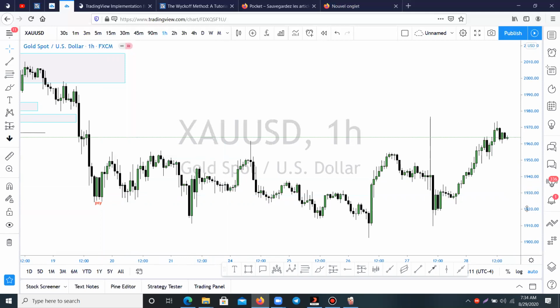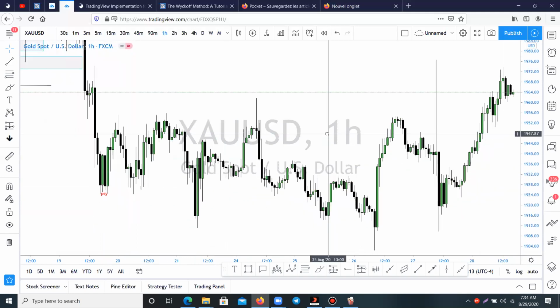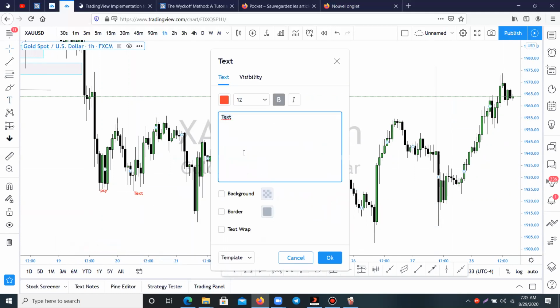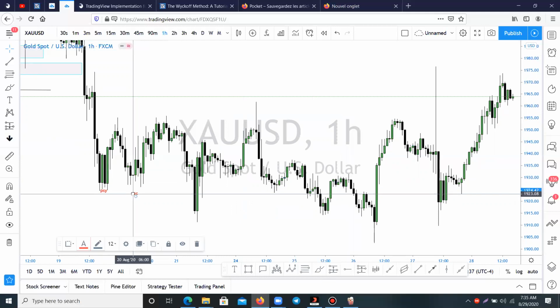Okay, what I'm saying is so simple. This one, you want it to be a distribution, a redistribution, or accumulation? Yeah, I want it to be an accumulation. I am seeing an accumulation here. Okay, so this one you are saying is the selling climax? Yeah, selling climax.